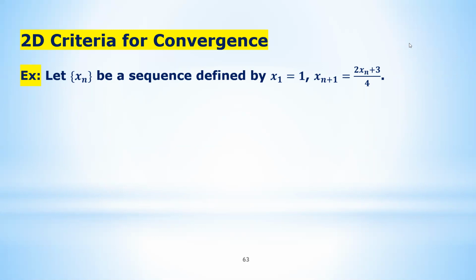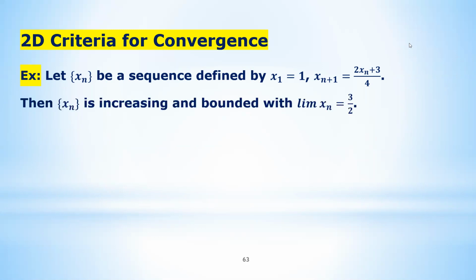This is a very special way to define a sequence, and for this kind of sequence, our convergence criterion can apply to prove the convergence. For this problem, we want to show that xn is increasing and bounded, with the limit of xn equal to 3/2.